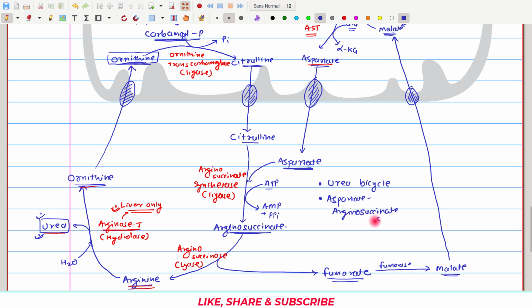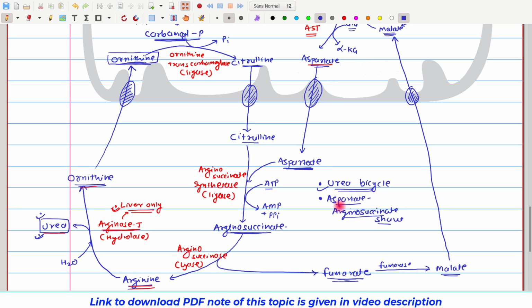Remember, why is it called urea bicycle? Because the urea cycle and TCA cycle both are connected. What is the aspartate arginosuccinate shunt? It is this aspartate's link with TCA and this fumarate's link with the TCA cycle. That linking is called the aspartate arginosuccinate shunt.